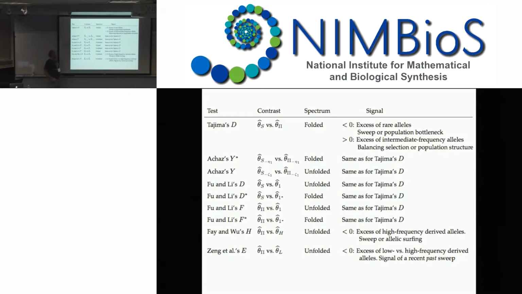Someone asked about sequencing errors. You've got Y and Y star, which is basically Tajima's test here, except what I'm contrasting is the number of segregating sites where I've removed the sites which have minor allele singletons. So this is the folded spectrum. I take S here and I throw out all the things that exist as one copy as a minor allele, and I then compute pi the same way.